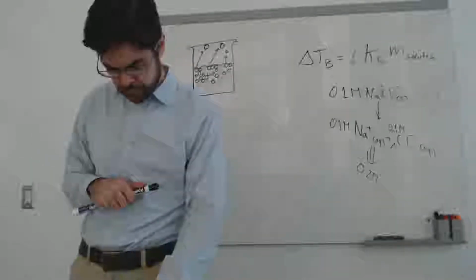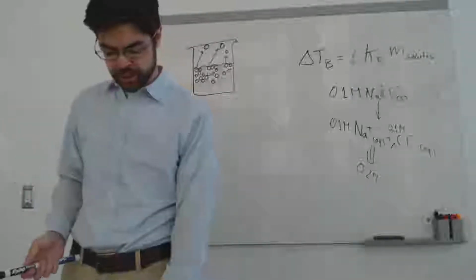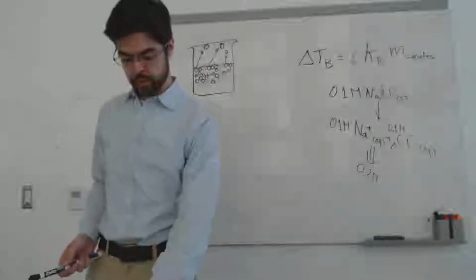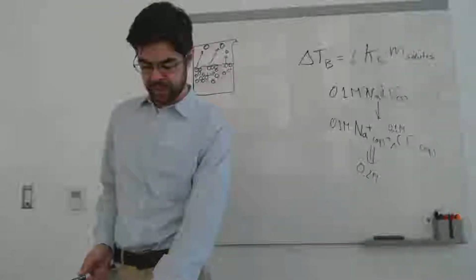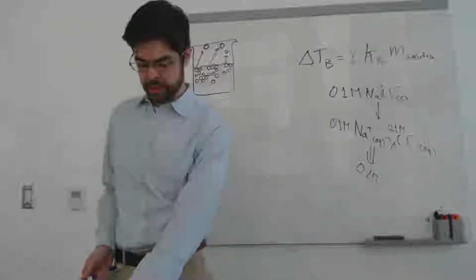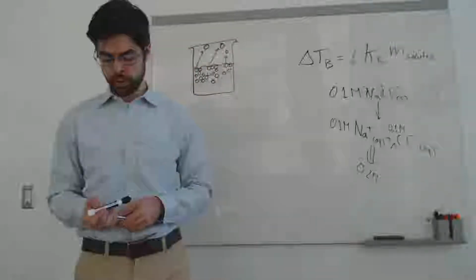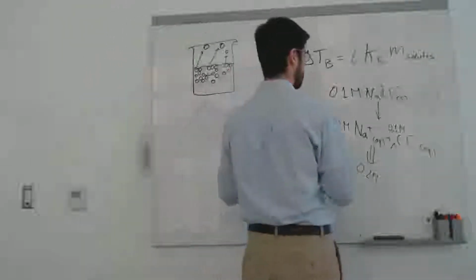This is a question about the last clicker question I had. You said that there should be more particles for magnesium chloride. Shouldn't that have led to a decrease in vapor pressure? Why was that the highest? You're correct. Magnesium chloride does have the highest Van't Hoff factor of all of those solutes.